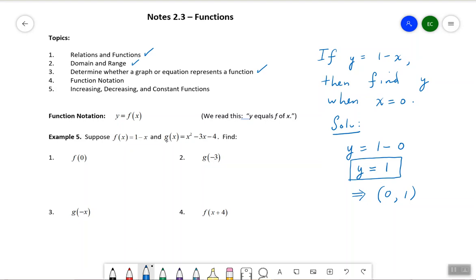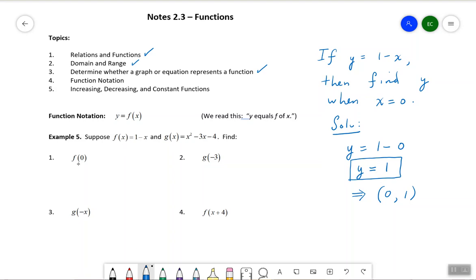Sometimes we use other letters like g or h or something else, but f is the most common. F for function. And then x here tells us exactly what the independent variable is, the input variable. We sort of took it for granted before that x was the input, but there are some good reasons to state it explicitly. And so that's what we've done. f of x is equal to 1 minus x.